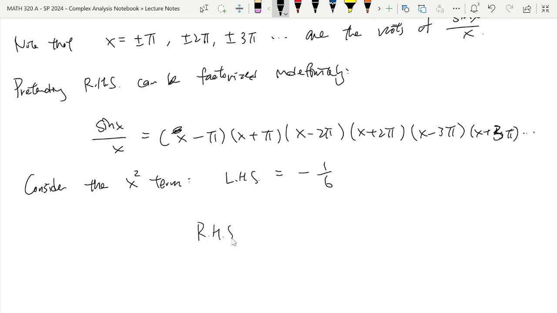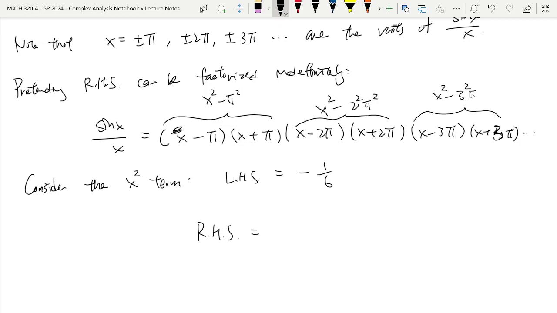On the right hand side, which is the new factorization, let me make it simpler: x squared minus pi squared, x squared minus 2 squared pi squared, x squared minus 3 squared pi squared.